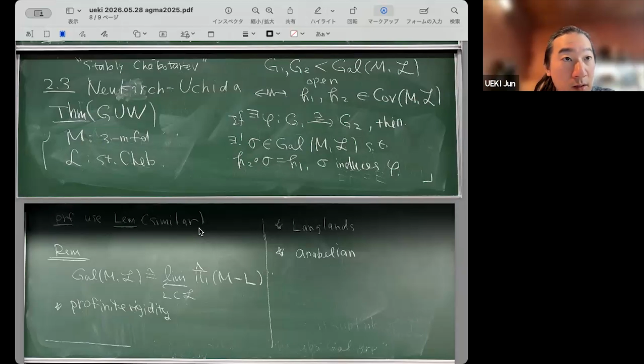But usually in the problem of profinite rigidity, we study the profinite completion of finitely generated groups. In this case, we consider very large groups, so it's a bit different, and perhaps this will give a new viewpoint.